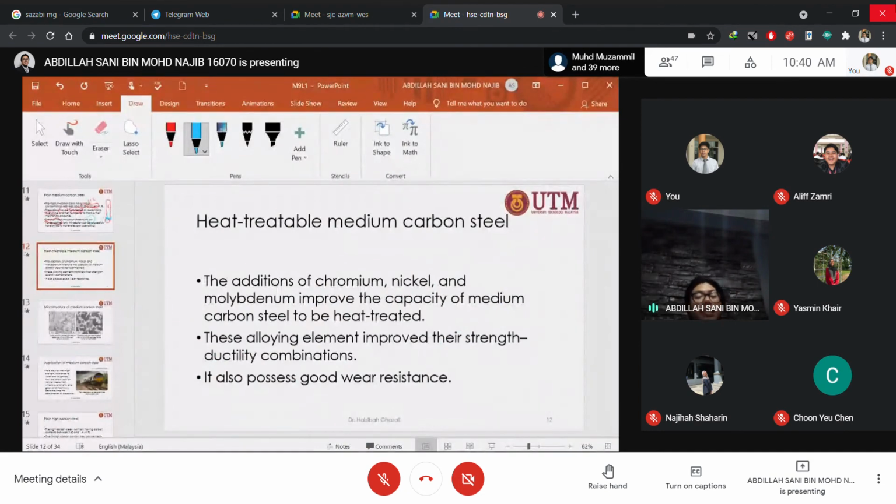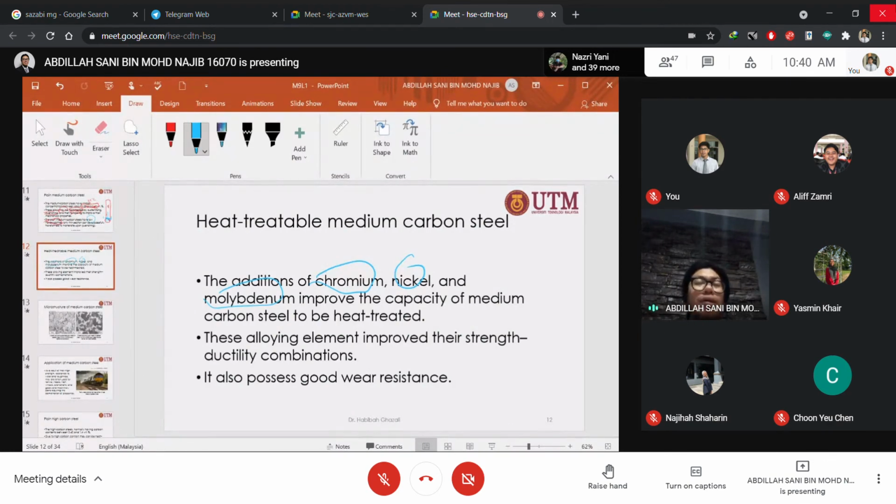That is for the plain one. If we add chromium, nickel, moly, we can improve the capacity of it to be heat treated.